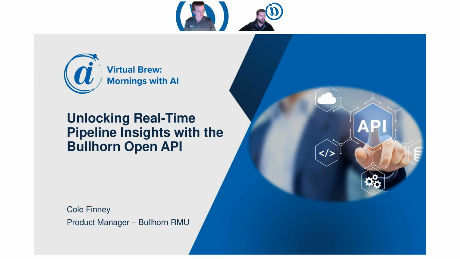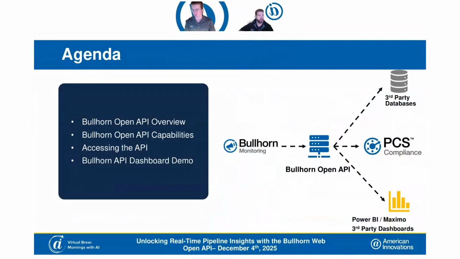So before I get going, I did want to share a poll. I went ahead and shared a poll in the chat here. We're going to be talking a lot about the Bullhorn Open API. If you're familiar with the Bullhorn remote monitoring space and other remote monitors in the corrosion world, you probably have heard about an API or these ways to securely transfer data outside of their web systems and portals.